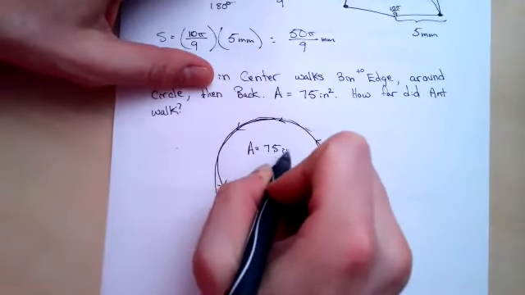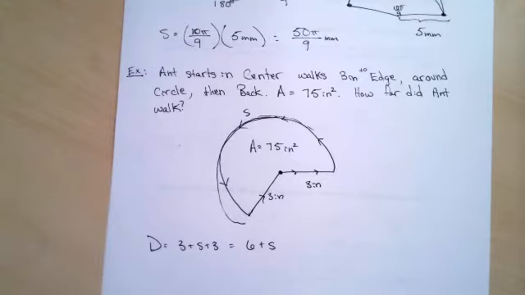In this case, because he starts in the center, he's walking 3 inches out. He's going to go around some distance according to the arc length. Then he's going to walk 3 inches back in. So we'll walk 6 inches walking out and back in, plus however far he walked around in the arc length.